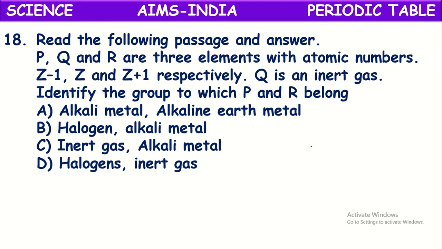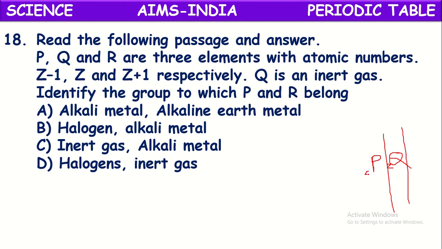Suppose Q will be at the extreme right side of the periodic table as it is an inert gas. Okay. Now the element with the atomic number Z is given there, and the element with the atomic number Z minus 1 is P, so it will be just before that.